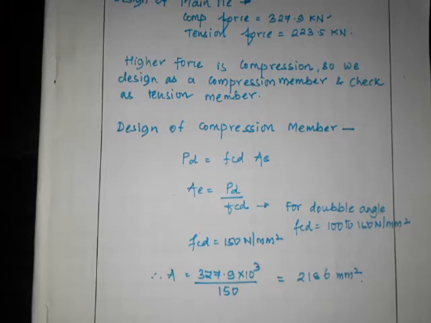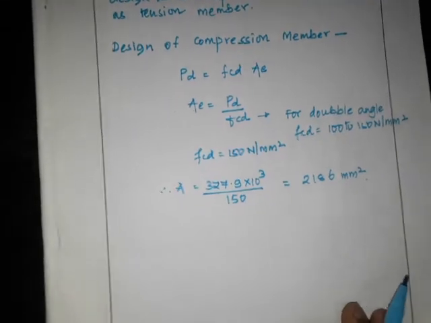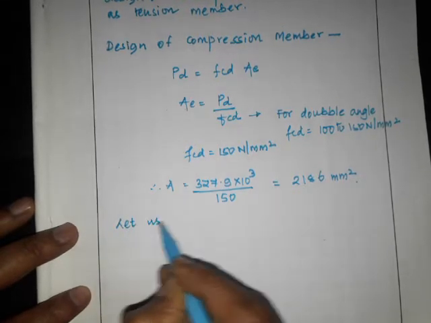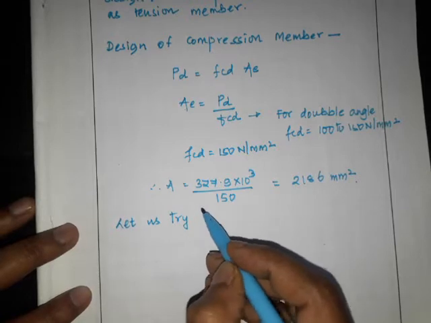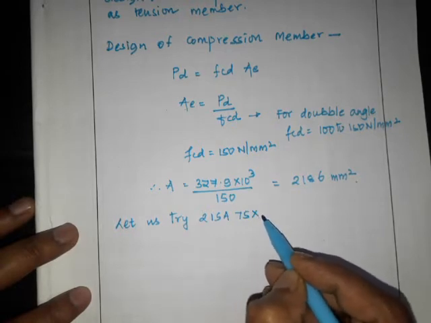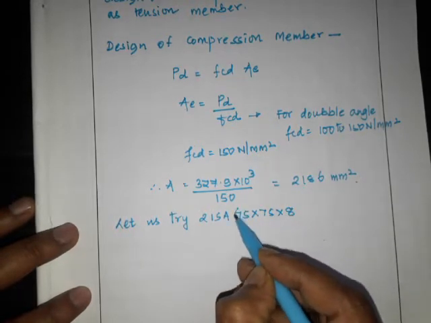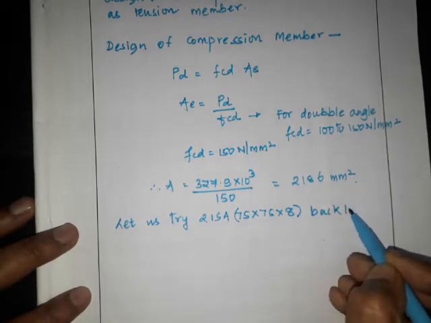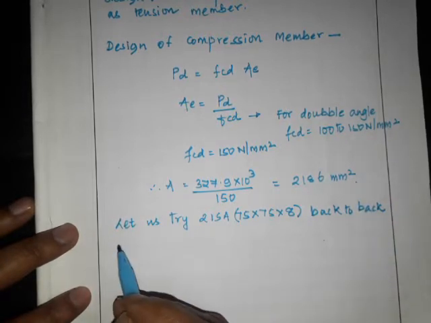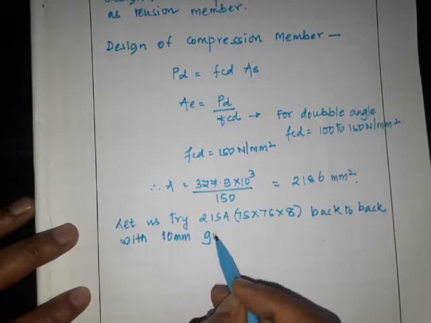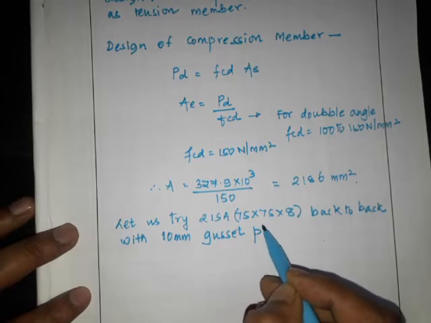So let us try 2 ISA 75 by 75 by 8 back to back with 10 mm gusset plate.